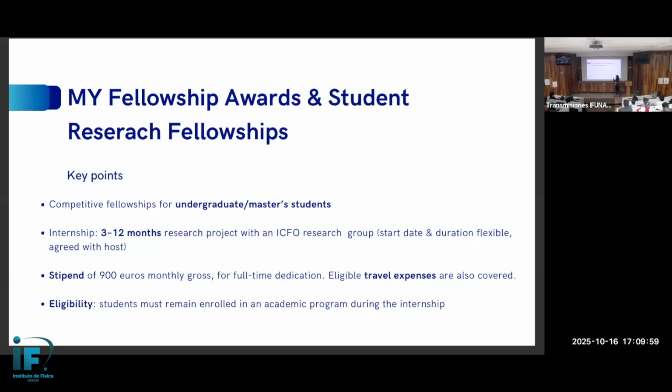There's also a stipend associated with such fellowships, and for students who are coming from outside Europe, it corresponds to 900 euros per month. And there's one eligibility criterion, apart from obviously being an excellent and motivated student, which is being enrolled in an academic program during the entire internship.